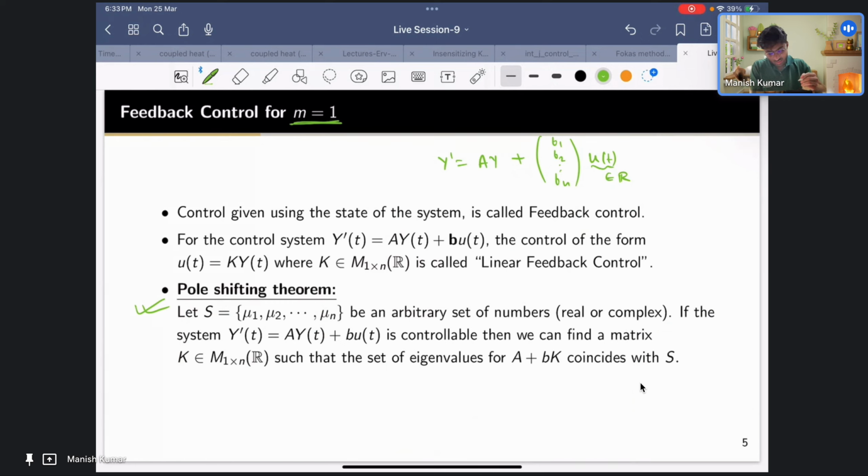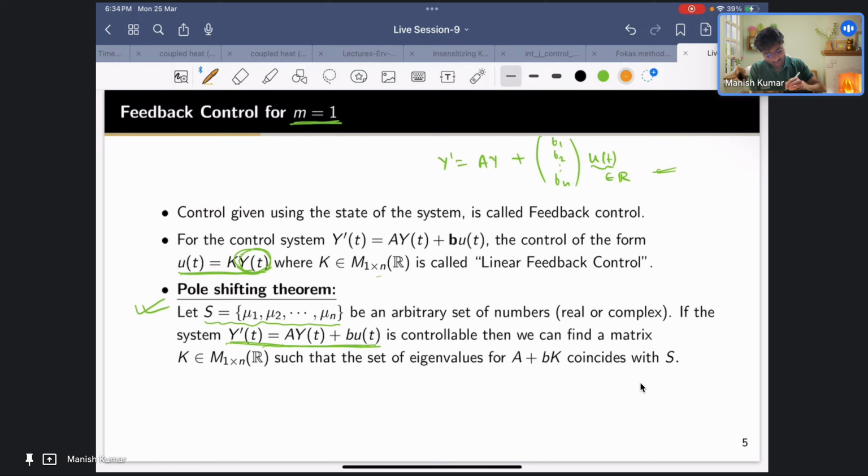Now let's come back to this. Again, this is the same thing I have written here. You want a control which is given in terms of the state, so u should be in terms of y. This is the theorem: suppose you have a set S of n real numbers, not eigenvalues, and your system is controllable, where B is a vector in Rn.